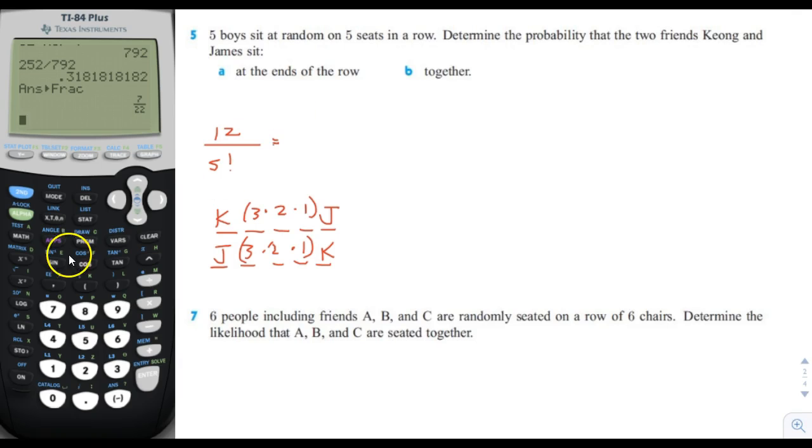And 5 factorial is 120. So we have 12 divided by 120, which is equal to 1/10. Okay, let's check to see if that answer is correct. Yes, it is.